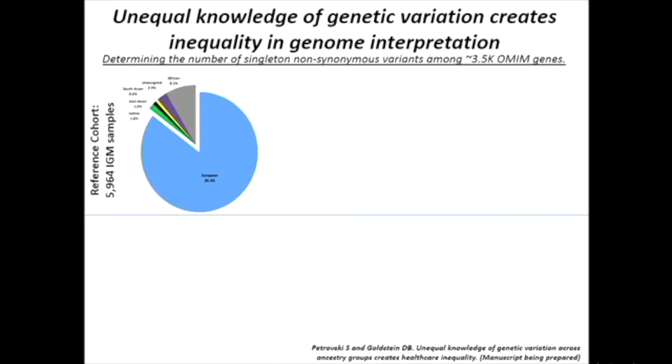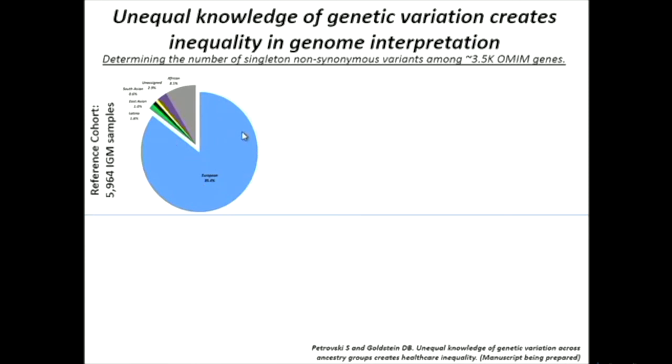There'll be a lot of information on this slide. Essentially, what we have here is 6,000 samples that have been sequenced by the IGM for various control or case ascertainments. What's pretty obvious is that there's an overrepresentation from the European genetic background, about 85% of these samples being of European ancestry.